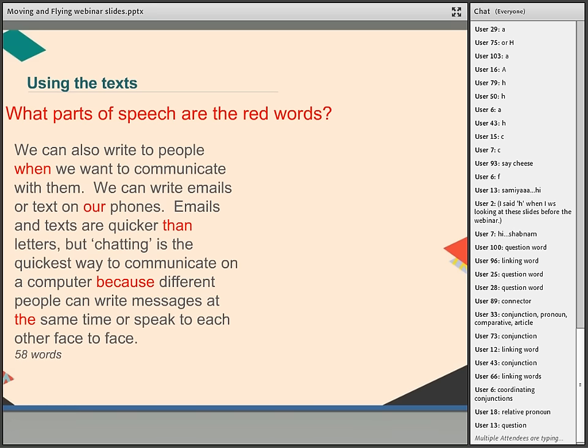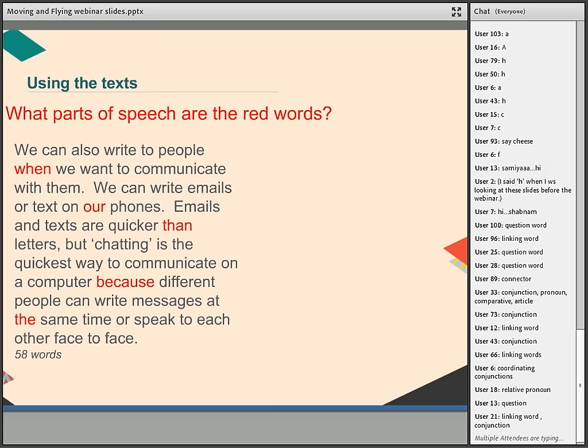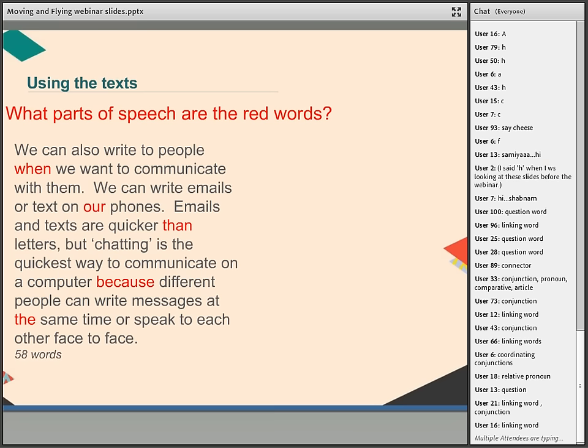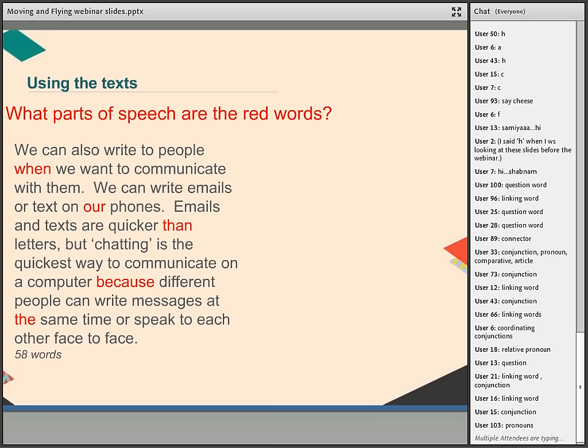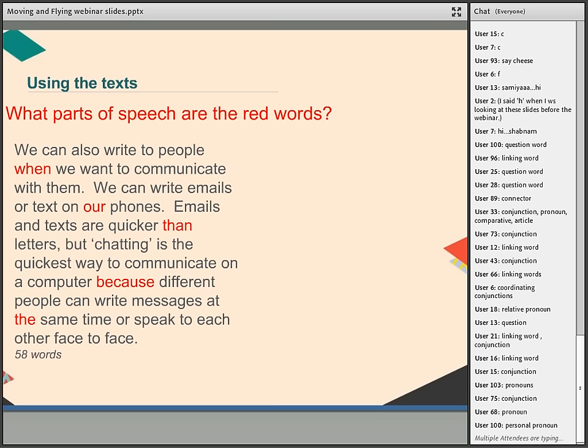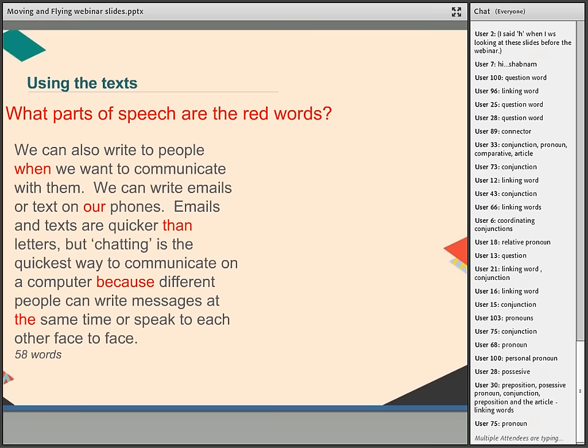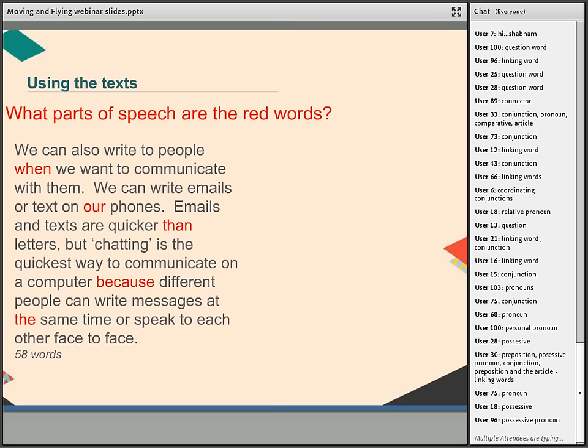Okay, in this example, it's a conjunction, okay? It can be a question word and it can be an adverb, okay? What about our? We can write emails or text on our phones. What kind of word is our?